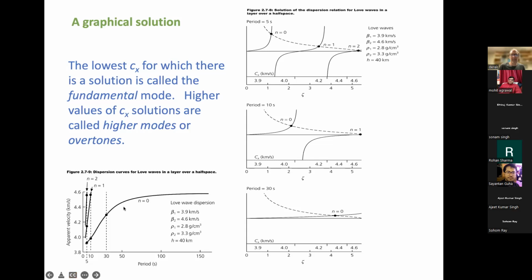So we see that this wave is inherently dispersive because the velocity that it sees is dependent on the wave period.